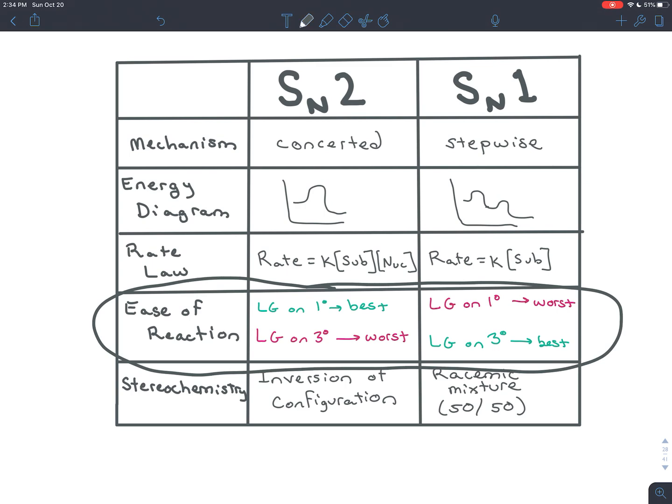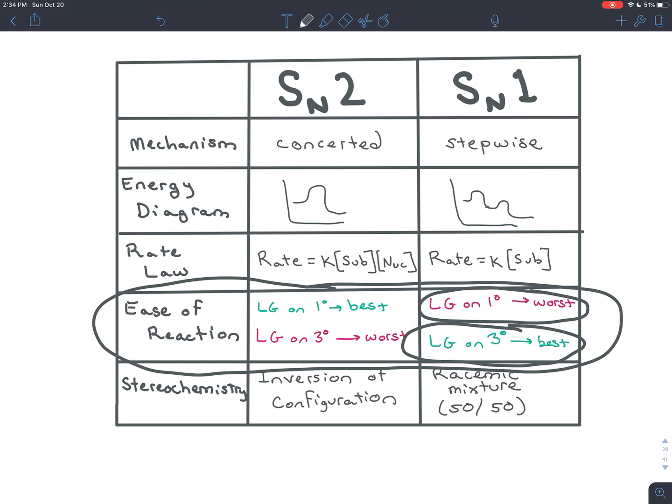On the other hand, we discussed how, because an SN1 reaction creates a carbocation wherever the leaving group is, if the leaving group is on a primary carbon, you would be forming a carbocation on a primary carbon, a primary carbocation, which is very unstable, so that disfavors the SN1 reaction.